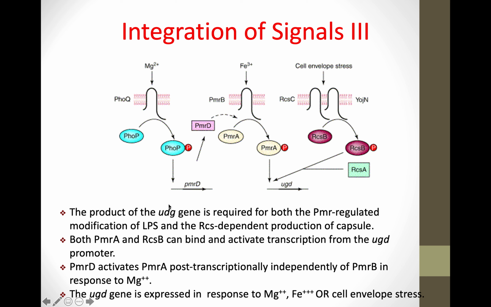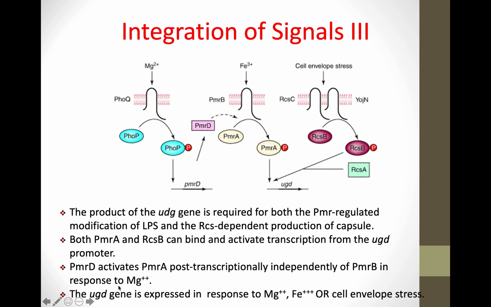So what happens is that both the PmrA and also PmrD can bind and activate transcription of the UGD promoter, and the PmrD is the one that is made when there is magnesium, being activated post-transcriptionally and independently of the PmrB in response to magnesium.